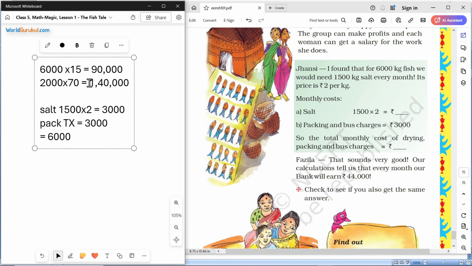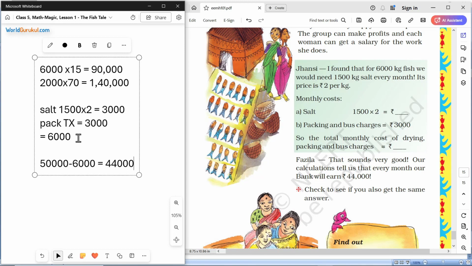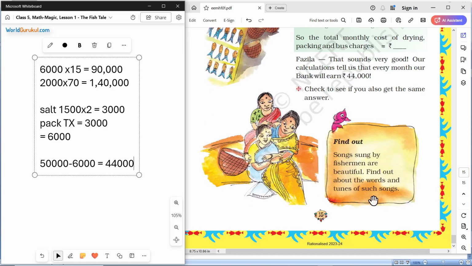So here 1,40,000 minus 90,000 is 50,000. Minus 6,000 is 44,000. This is their profit, right? They're earning this money because of the value addition, right?